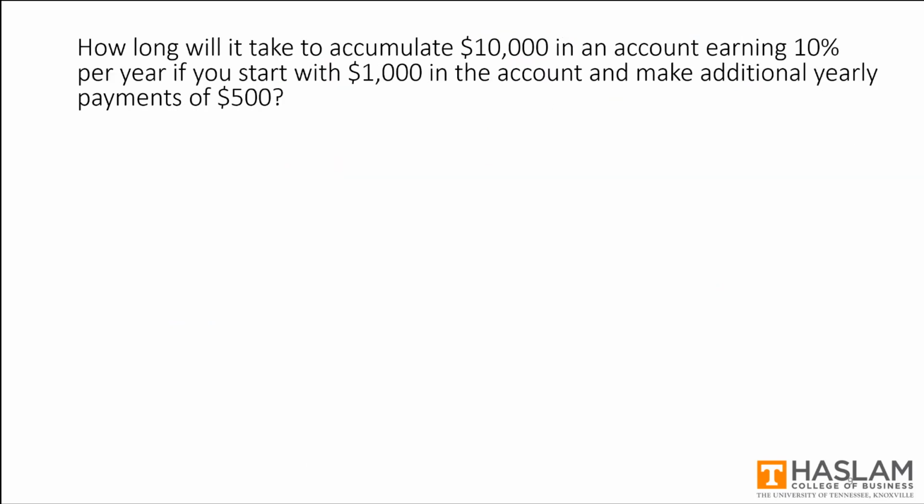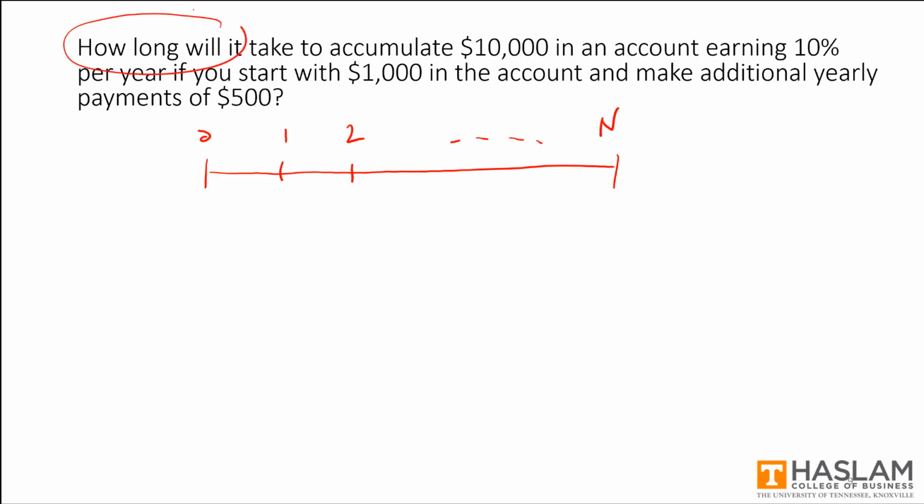One more example. How long will it take to accumulate $10,000 in an account earning 10% per year if you start with $1,000 in the account and make additional yearly payments of $500? So this one's a little bit more complex. Now, this timeline's a little bit different because we don't know how long it is, because that's what we're solving for.